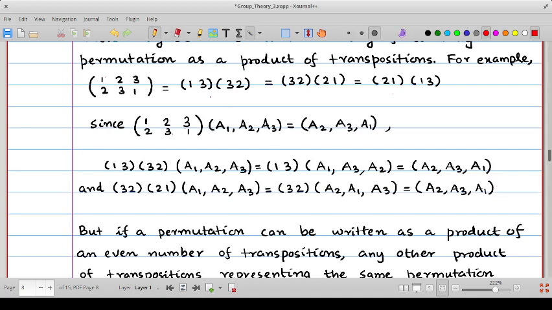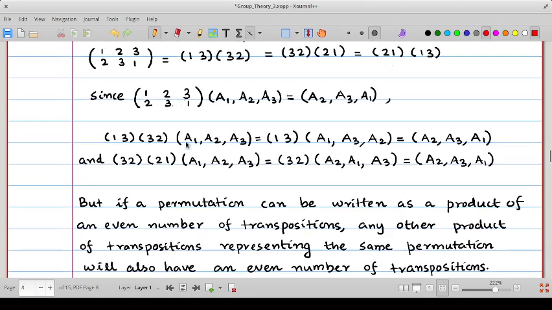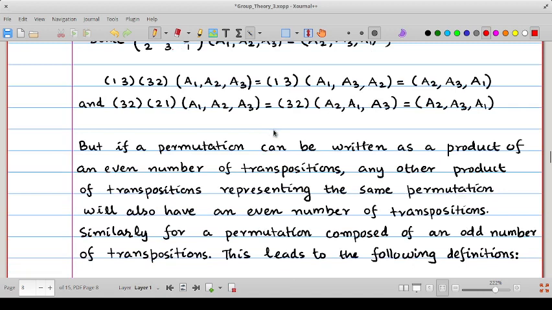So we see that this is equal to this, and similarly this is equal to this. In a similar way, we can also show that this is also equal to that. So that means there are more than one way of writing a given permutation as a product of transpositions.